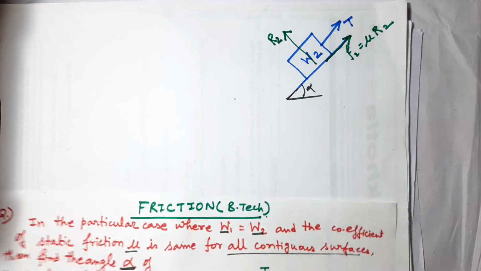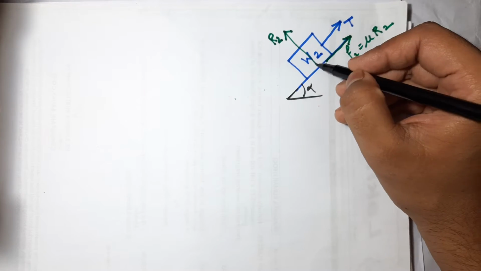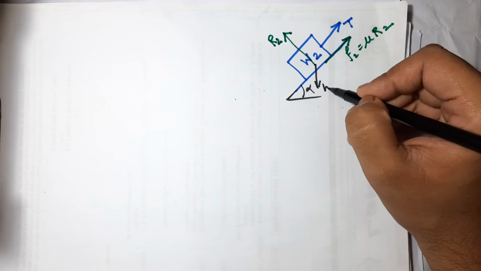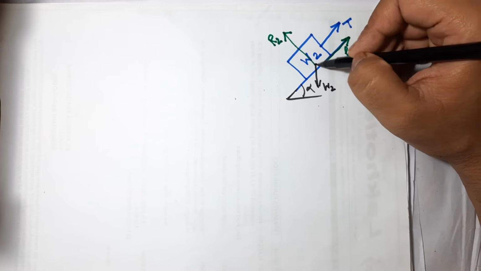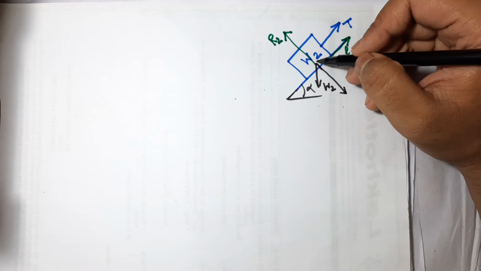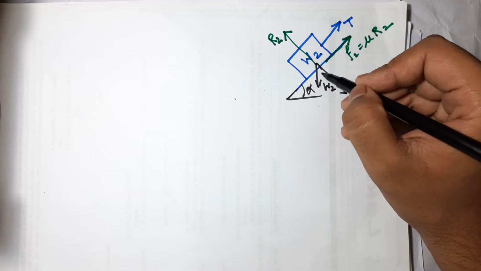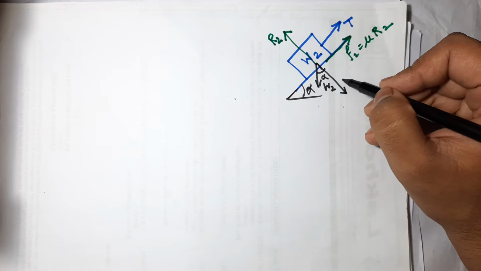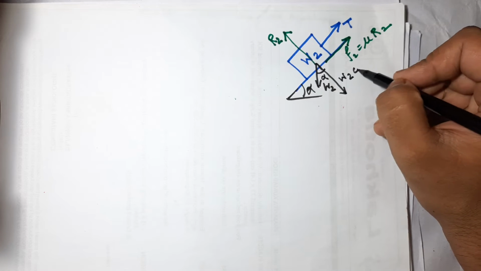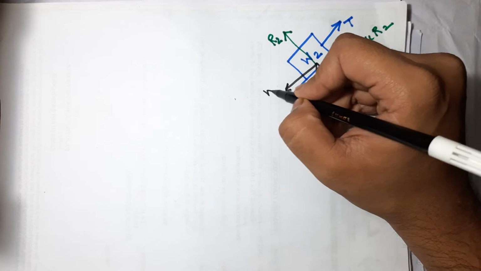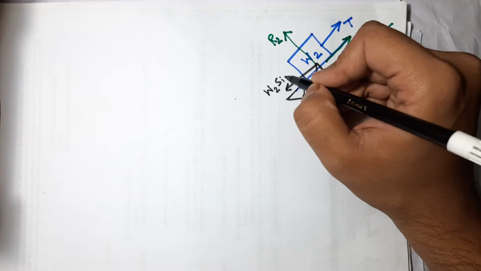Now W2 acts vertically downward. If I resolve W2 into two components, and this angle is alpha, then this angle must be alpha. So this component is W2 cos alpha, and this component is W2 sin alpha.